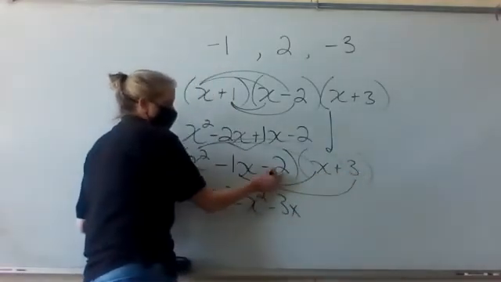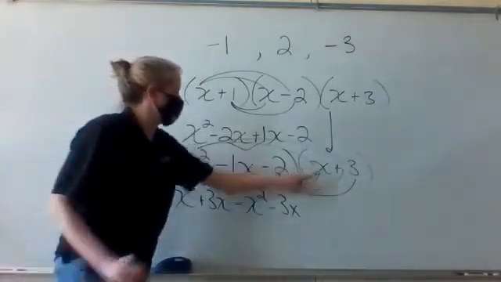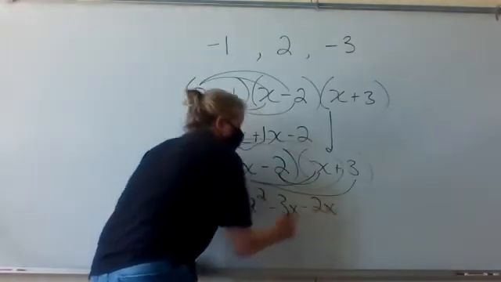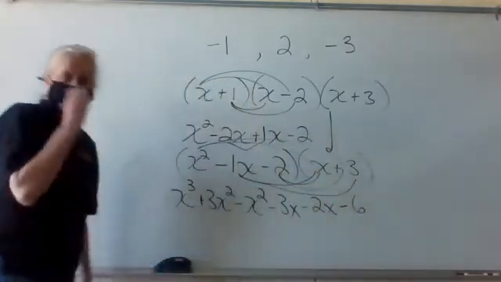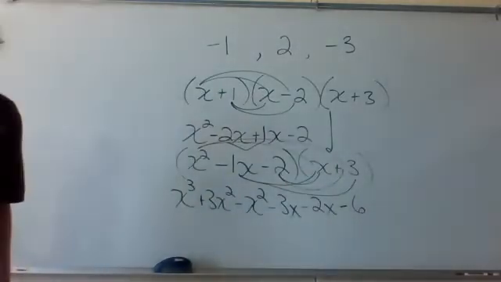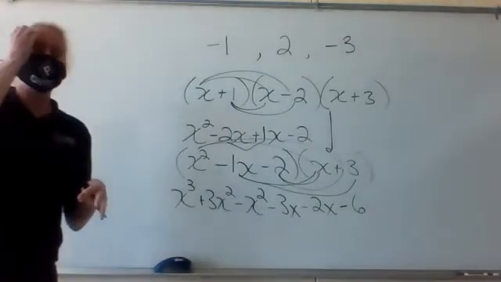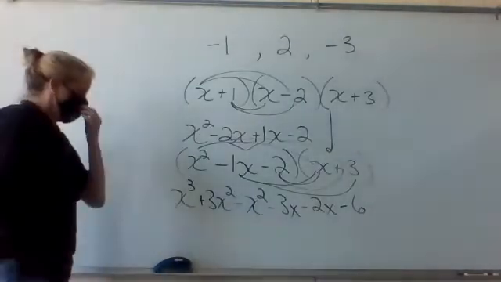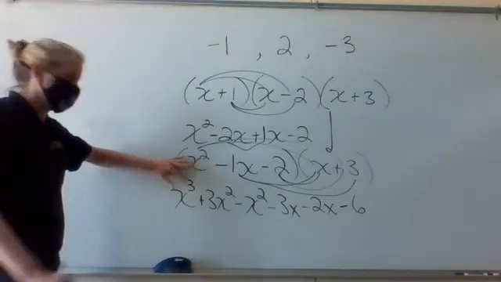And now I'll just do the negative 2 to both of those. So negative 2 times x gives me negative 2x. Negative 2 times positive 3 is negative 6. And again, a lot of times after you do all that distributing, there's going to be some cleanup work involved. Putting your like terms together. This is my only x to the third term.